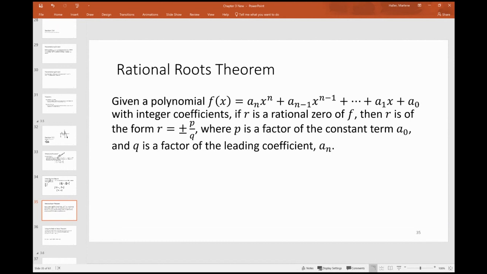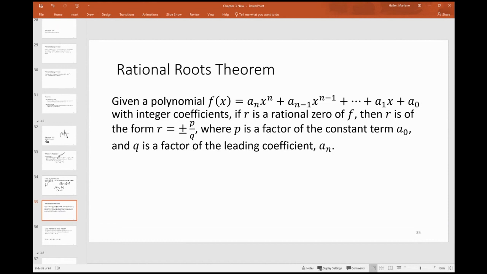So again, if we have a polynomial in its standard form, a sub n times x to the n plus a sub n minus 1 times x to the n minus 1 all the way down to a sub 1 x to the first power plus a sub 0, the constant term, okay?